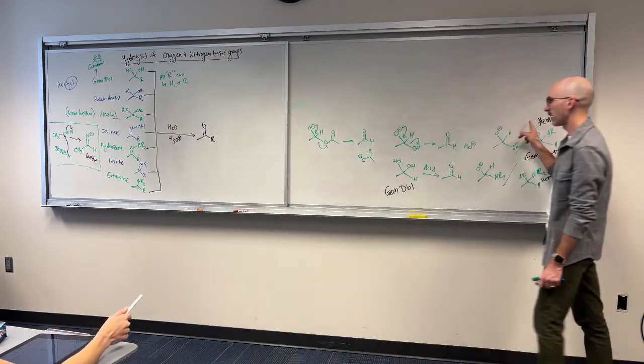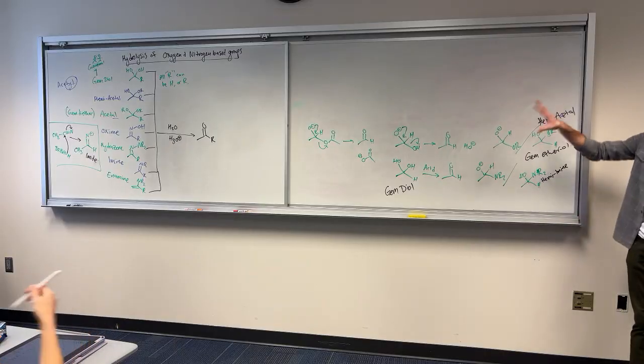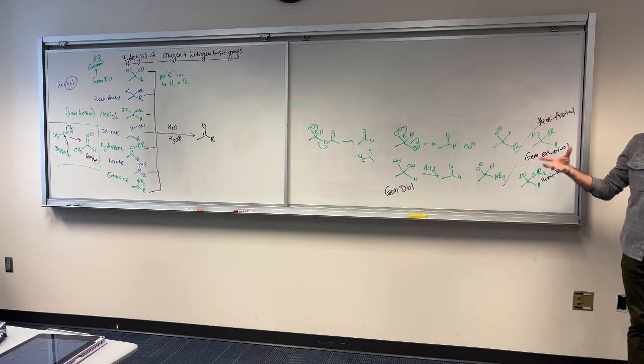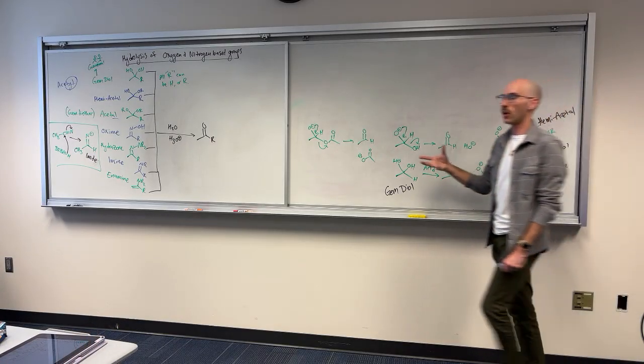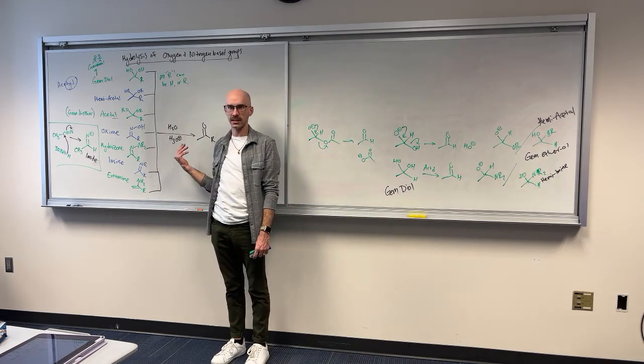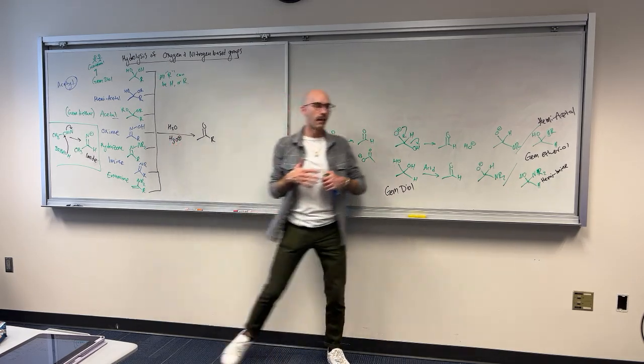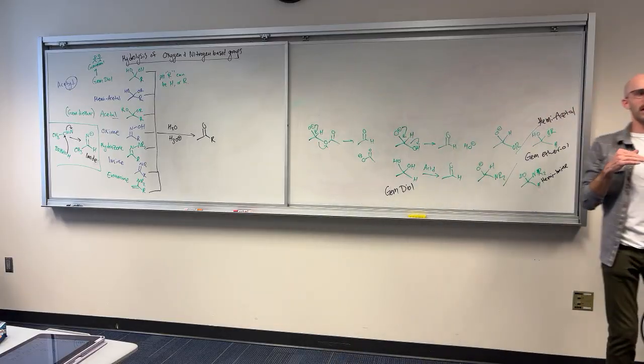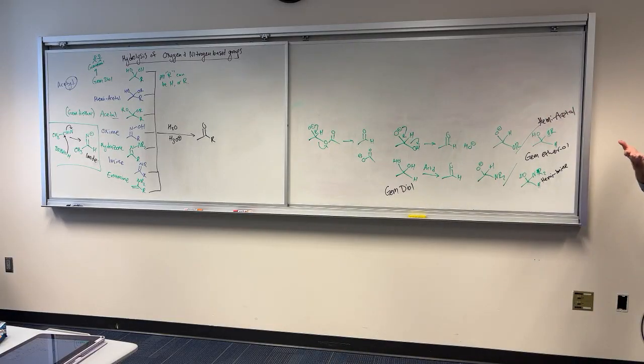We have the gem diol as well. All of the intermediates that we saw in the DIBAL reduction are analog functional groups to things that can be hydrolyzed to aldehydes and ketones. So I'm reiterating that we are seeing a lot of reactions that are kind of overlapping with each other. They're all very similar.